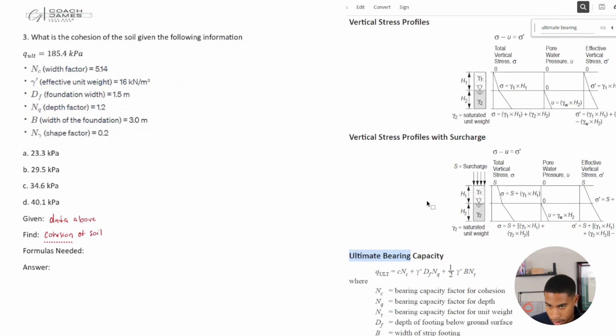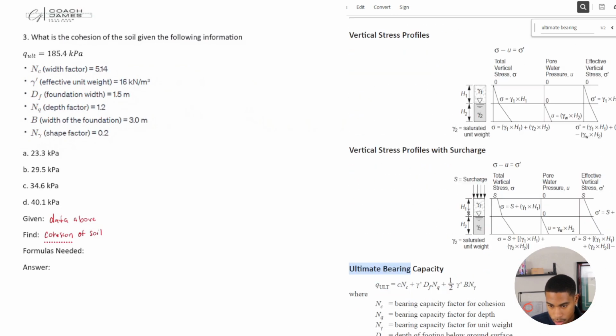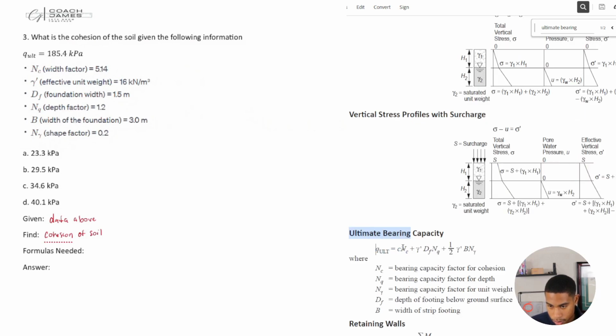C is what? Well, C is going to be our cohesion of the actual soil. And C, are we given that? Yes, it's the width factor. Are we given Y prime? 16 kilonewtons per meter cubed. D sub F is 1.5 meters.